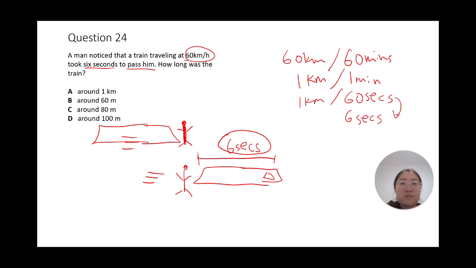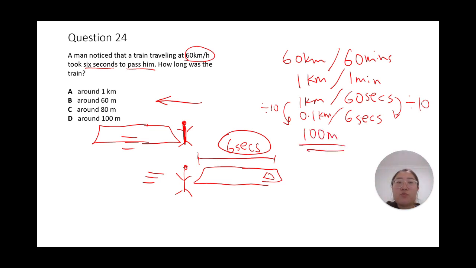What do I do? I divide it by 10. I want to divide this by 10 and I get 0.1 km. If you look at the options, you don't have 0.1, so let's change it into meters. 0.1 of a kilometer is 100 meters. Okay, so in the 6 seconds, it would have traveled around 100 meters, which is option D.